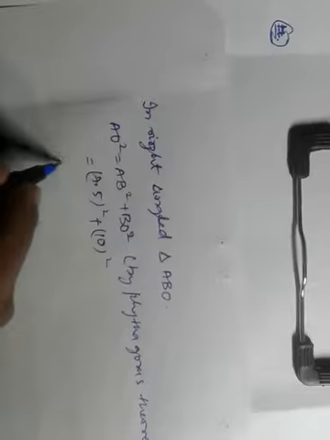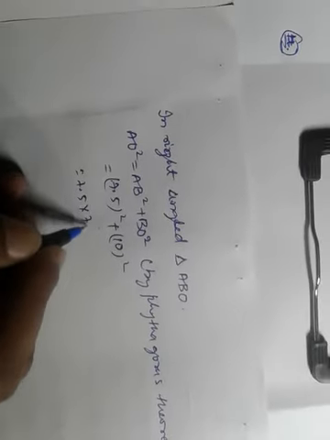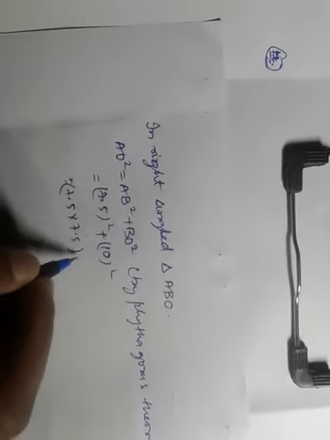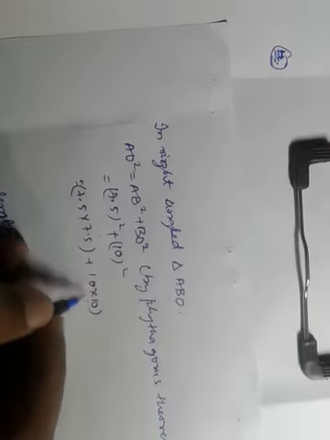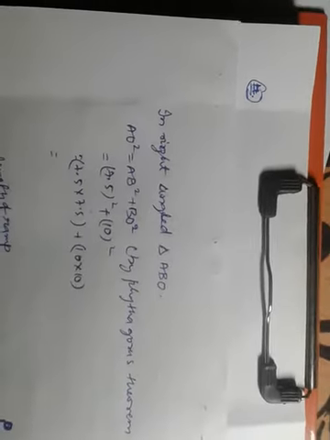So let's write here 7.5 into 7.5 plus 10 into 10. So here we have to multiply, no choice in rough work.